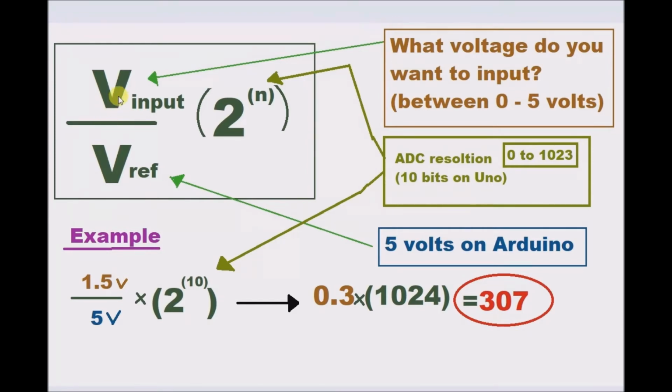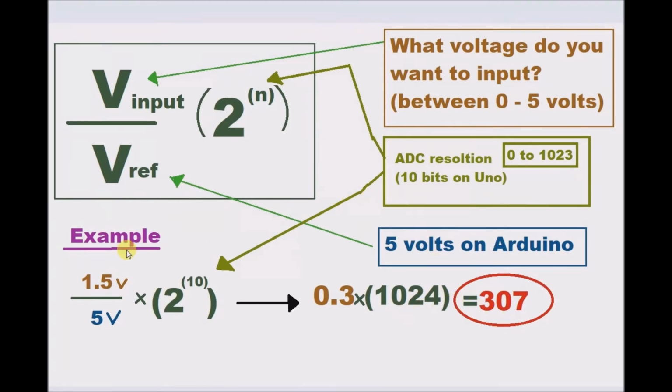And when we take that percentage of the input voltage divided by Vref and multiply it by the resolution, which is 2 to the power of however many bits are in the resolution of the ADC, which multiplies out to 1024, then this is the resolution value.